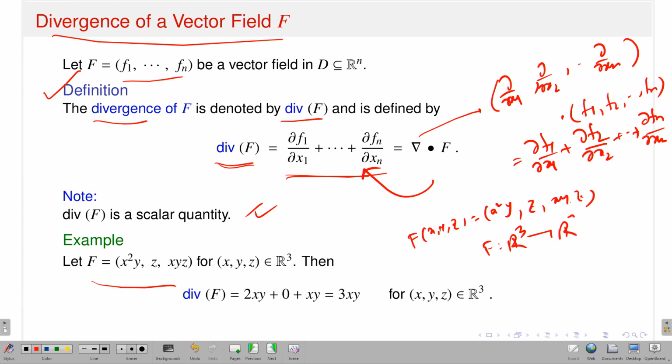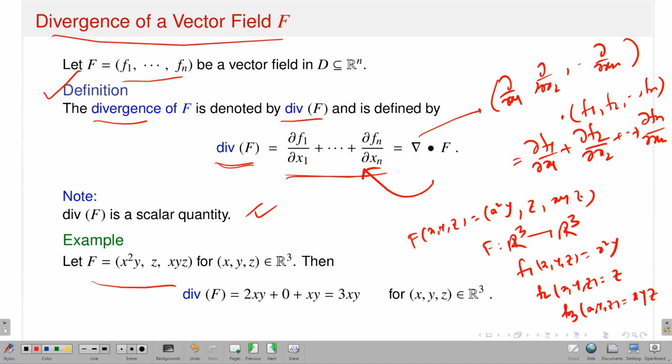And what are my small f1, f2, f3? My f1 of x, y, z is x square y, f2 of x, y, z is equal to z, and f3 of x, y, z is equal to x times y times z. Then you just use the definitions: calculate the partial derivative of f1 with respect to x, then the partial derivative of f2 with respect to y, and then the partial derivative of f3 with respect to z.